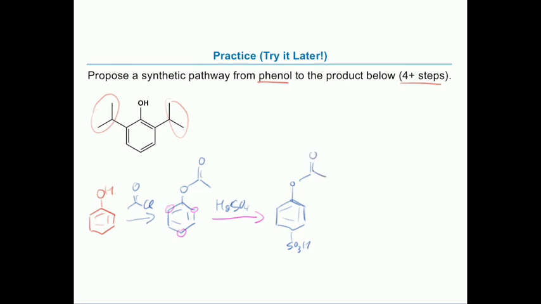We've got this group, and that allows us access to these remaining positions. Remember, this group is going to be meta-directing, while this group is going to be ortho-para directing. But we've blocked off the para position, leaving those two ortho positions up for grabs. So now the ring is not totally deactivated. We've got an activator and a deactivator.